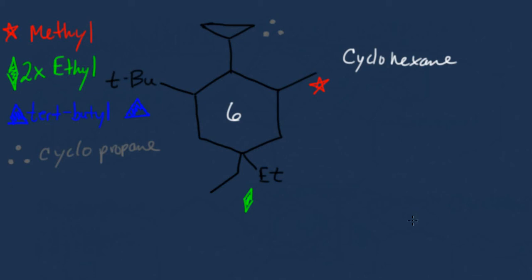And now we just need to number this correctly such that we have the lowest sum or it follows alphabetical order. Looking at this, I see that there is a specific carbon that has 2 substituted groups on it. So I probably want to make this my carbon 1. And now I need to figure out, do I go up to the left or up to the right?